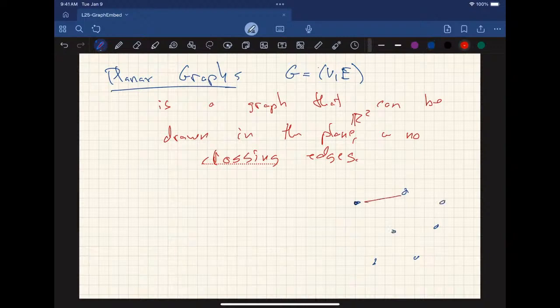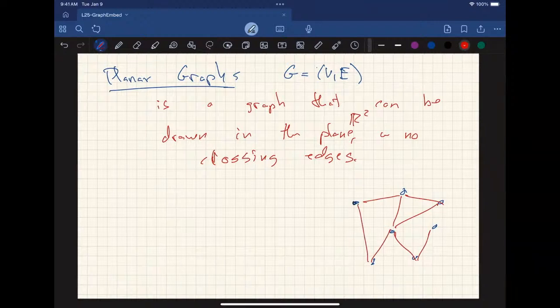If I've got a bunch of vertices, I would like to draw them in such a way that I don't have any edges crossing over each other. Let's say I also have this edge here. Is this a planar graph?